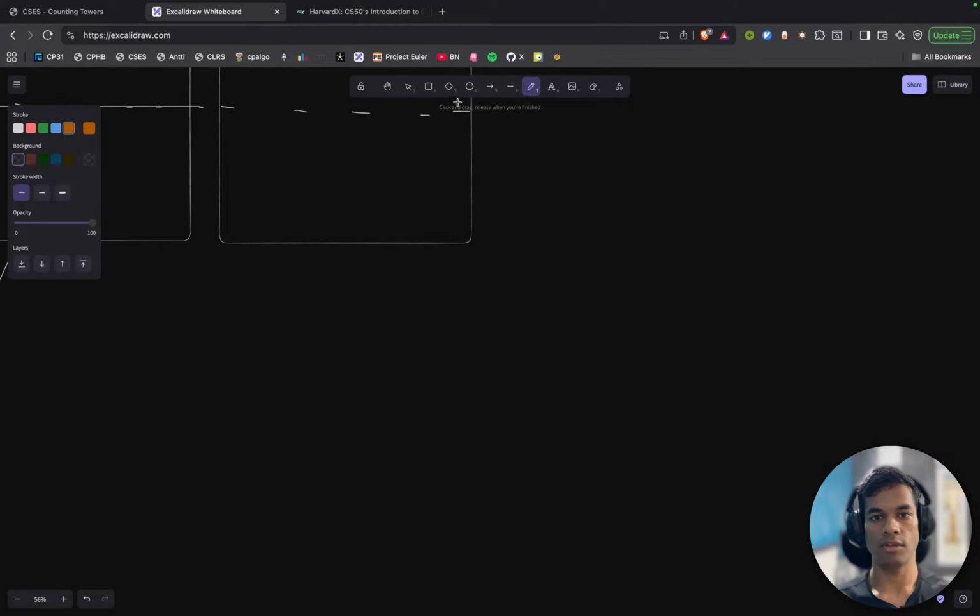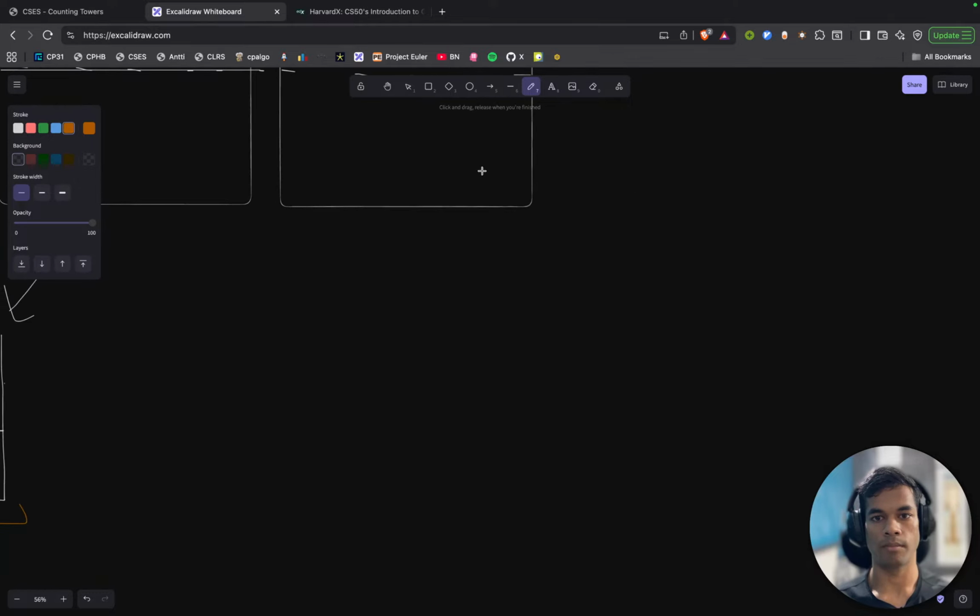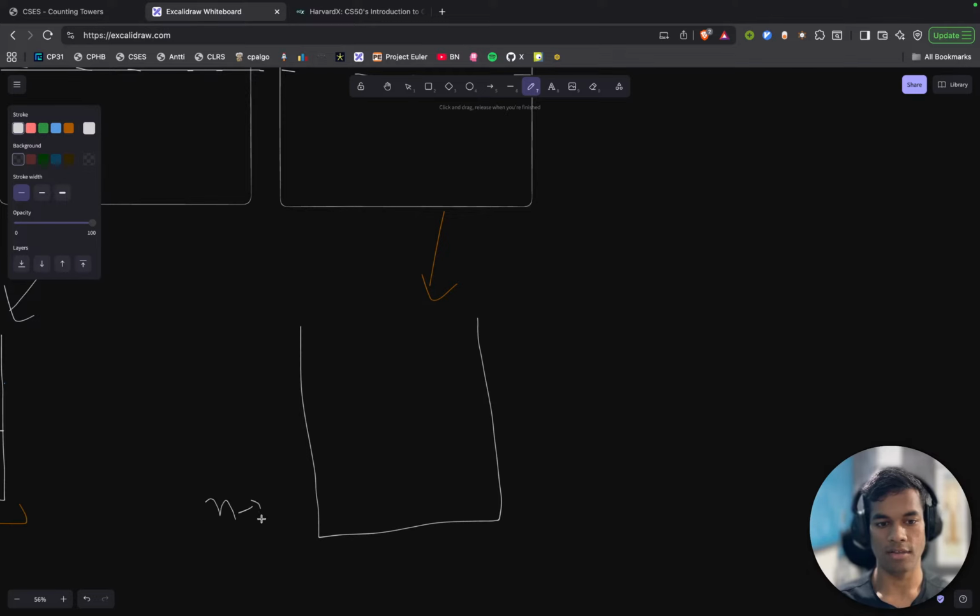But if we leave this thing open, and our nth row is here and the n minus 1th row is here, then we cannot go with this.